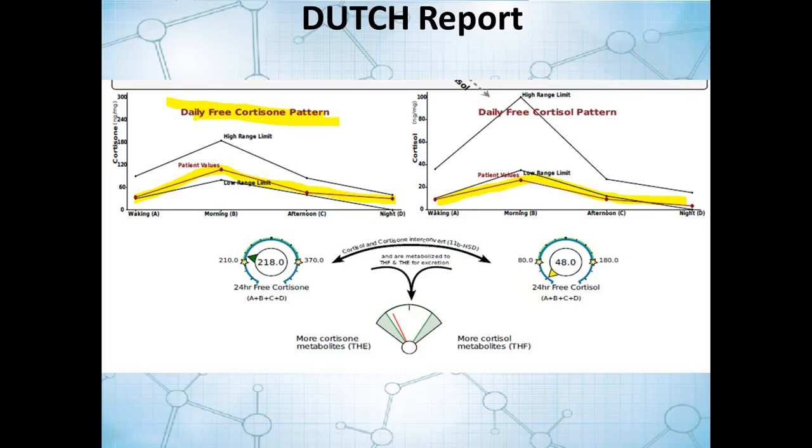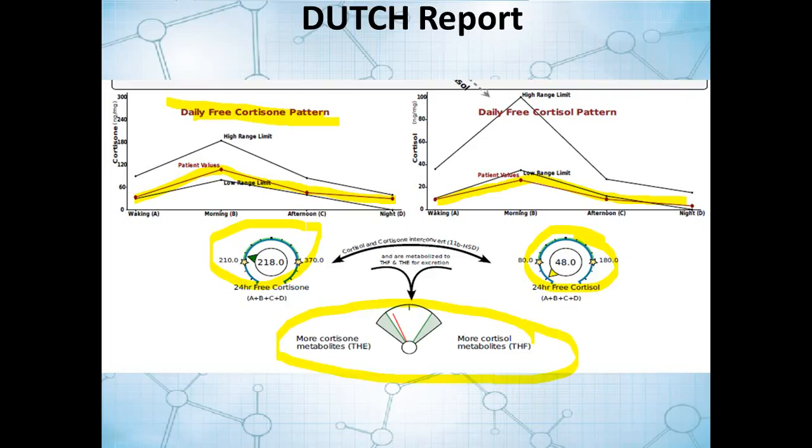And then when we move down further, we can see just the totals of those 4, but then also which metabolites do we have more of? What scientific literature would suggest is that if we want to know if cortisol is more in its active form or in its inactive form, look at the metabolites. Do you have more cortisone or more cortisol metabolites?